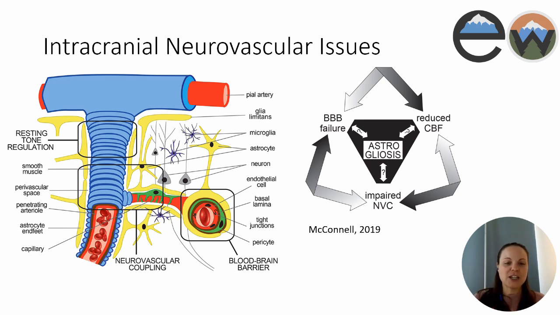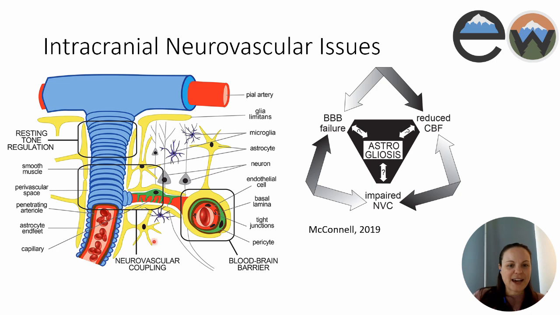Okay, so this picture on the left-hand side, let's see if I can use a little laser pointer. So this shows you an astrocyte right here, and this is the blood vessel, right? So we have astrocytes that line up here, and the astrocyte end foot, these guys, so you can see a big end foot right here.